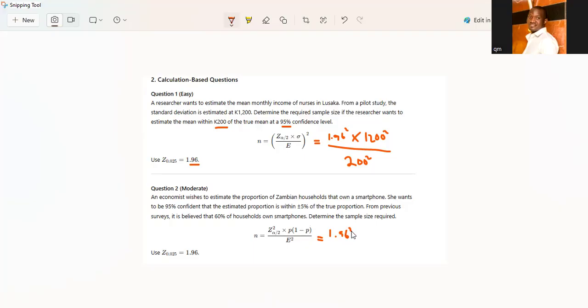Then our proportion is 60%, 0.6, meaning our Q is 1 minus P, so 0.4. That's where the difference is. Then our error is plus or minus 5%, so 0.05.